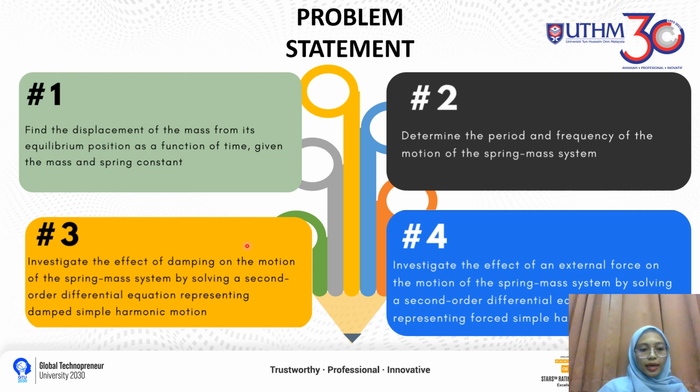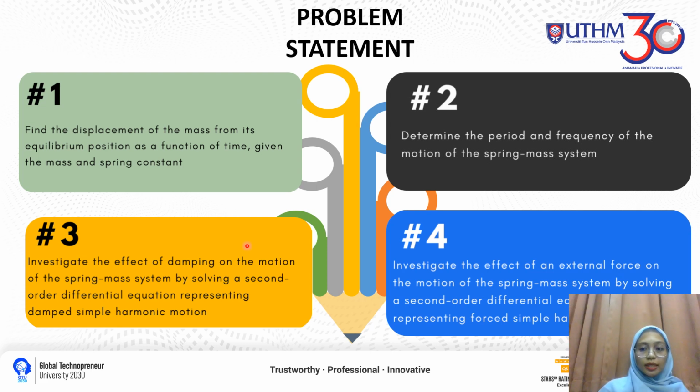to investigate the effect of an external force on the motion of a spring system. We need to solve a second-order differential equation that represents forced simple harmonic motion, by using the given equation.